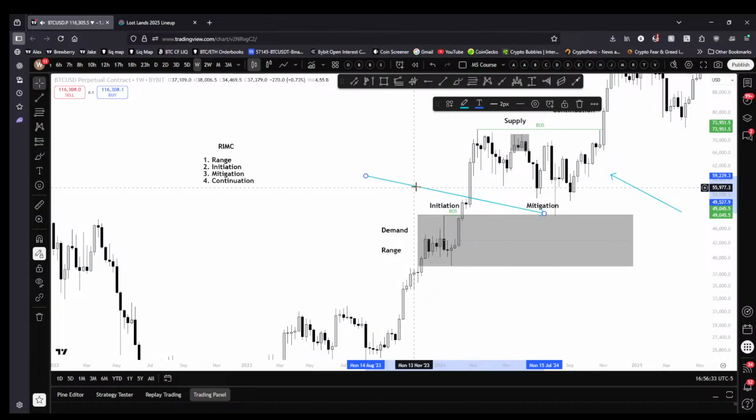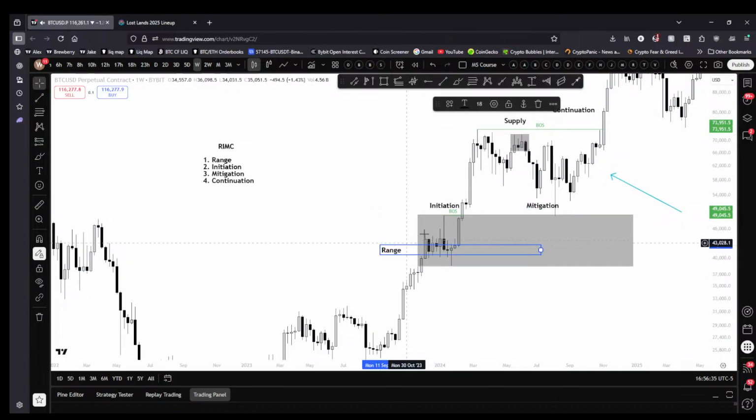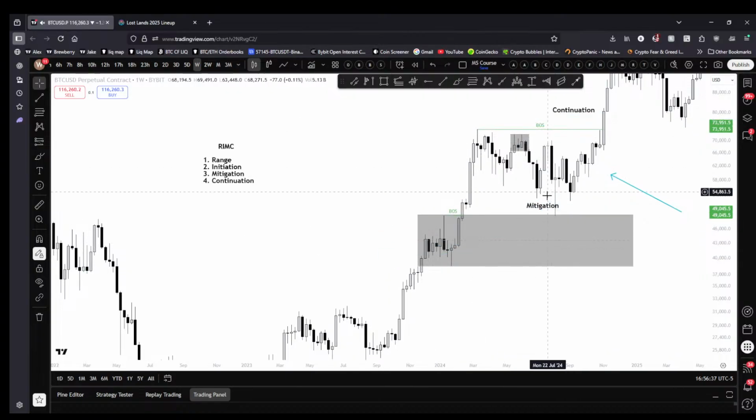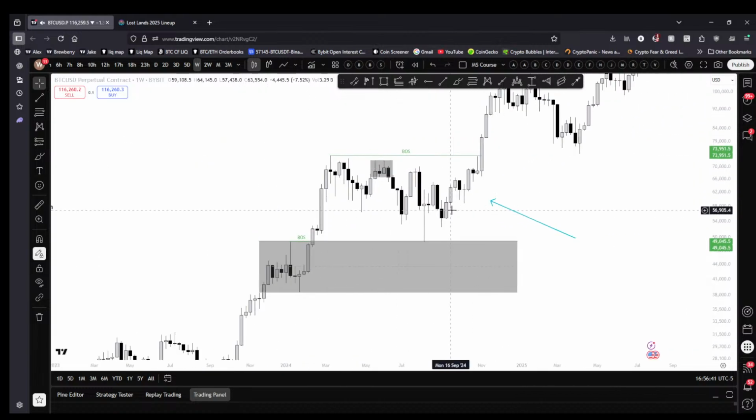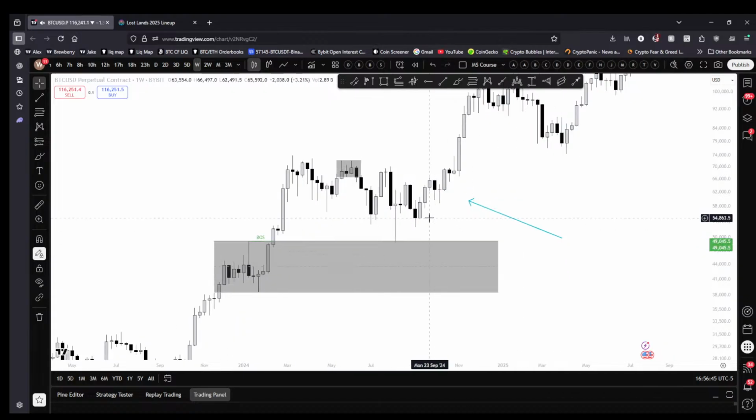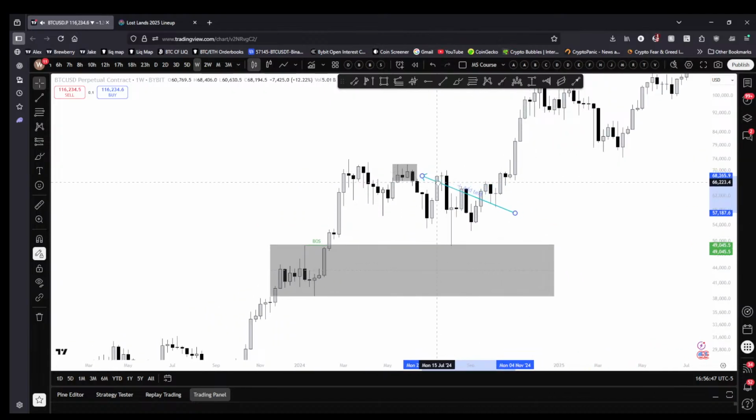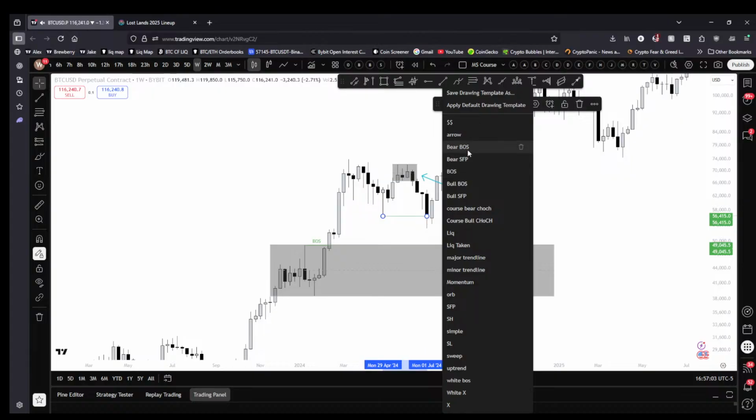Okay, awesome. So, let's talk about the same thing upside down. So, in this previous range that we were talking about, this area here, right, we identified that there was a lot of supply in this area that led to a bearish break of structure.